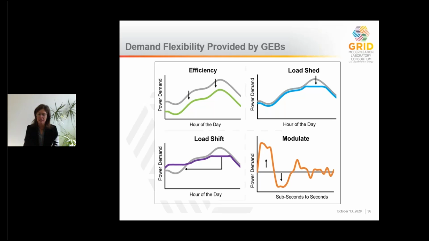And then modulation is this very slight increase or decrease of the building's power at the sub-seconds level. And this really provides this grid resource for balancing load on the grid. As various loads come onto the grid and come off the grid, buildings can respond and provide this slight modulation in their own electrical load to help offset that.